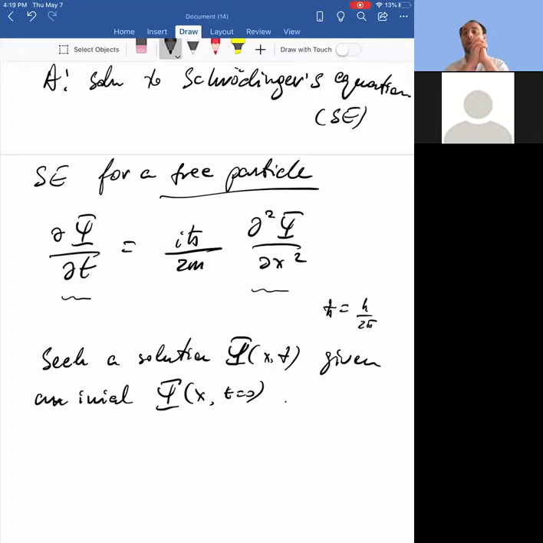I might know where I release the particle, and once I release it, the information about the position of the particle is lost, and the wave function evolves in some way. You already saw examples of wave functions evolving in the simulations 2 days ago, so I wanted to give you a visual so you have a little bit of comfort with this. Now we're doing the math.